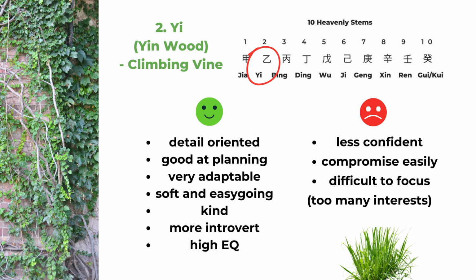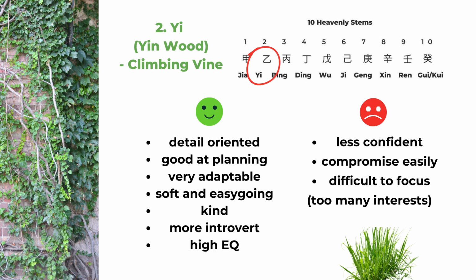You are softer and more easygoing than the Jia type, and you are more of an introvert. And you also have high EQ, so you can get along well with other people. And both Jia and Yi types are very kind. That's one strong personality trait of the wood element type. The wood people are kind and nice to others.